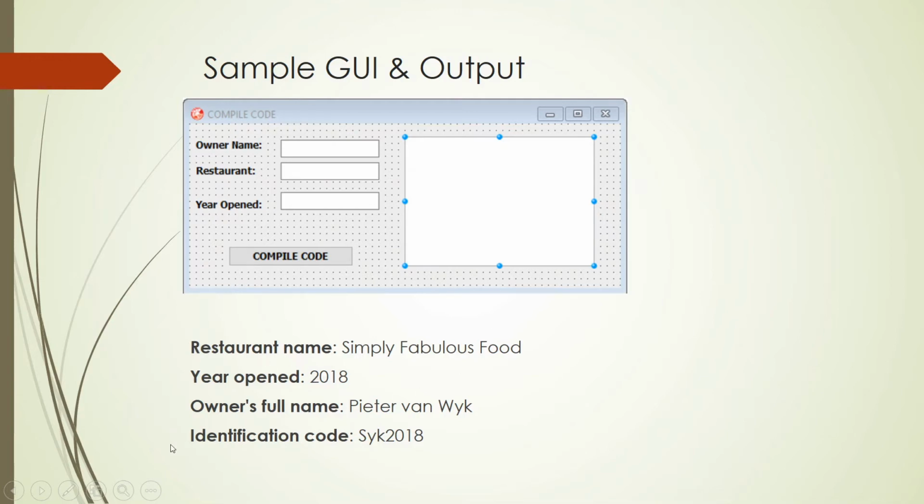Your sample output must look identical to this, where you display the heading restaurant name and the name of the input restaurant, and the year it was opened, and the owner's full name, and then your identification code that you have compiled. Enjoy the exercise.